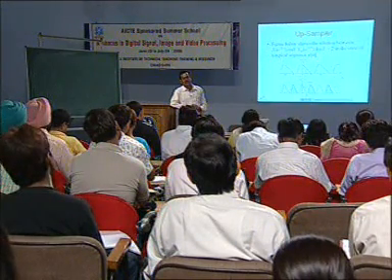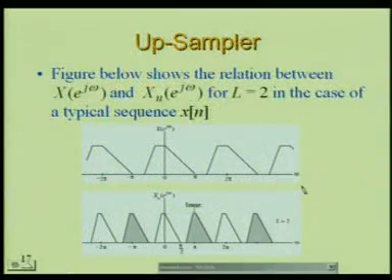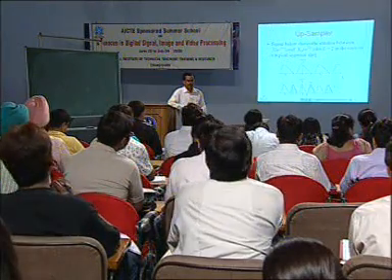So, what happens when you go for the upsampling? When you upsample the input sequence by a factor of 2, what happens to the frequency response? It is more compressed. The folding factor is 2, which you can easily observe from this figure, and these are otherwise known as the images of the frequency response.